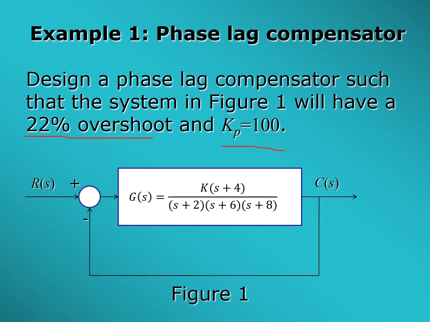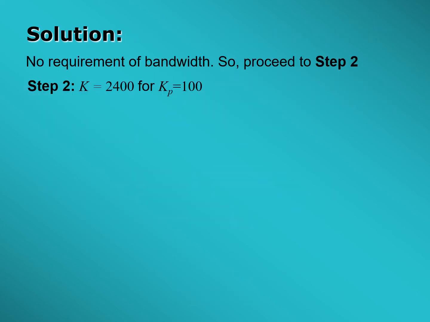So this is the system G of S. You need to put later on the controller G lag of S in front of the system.